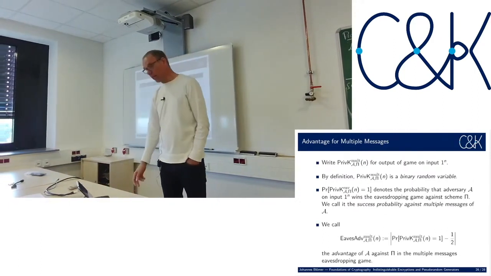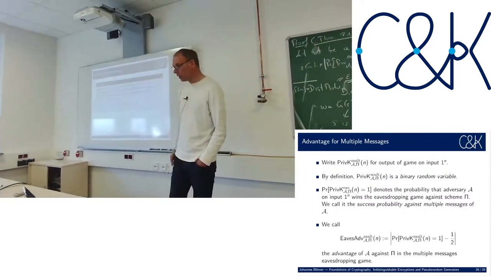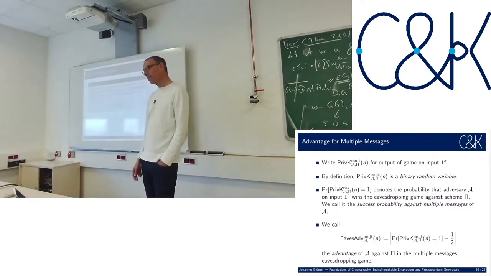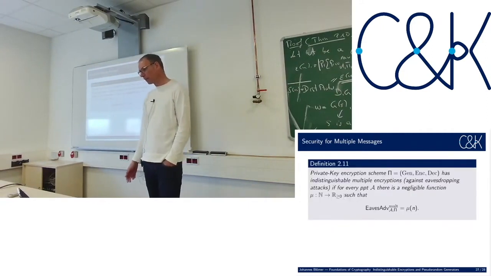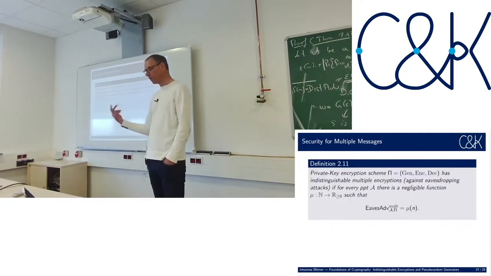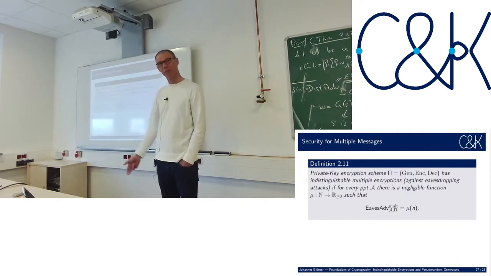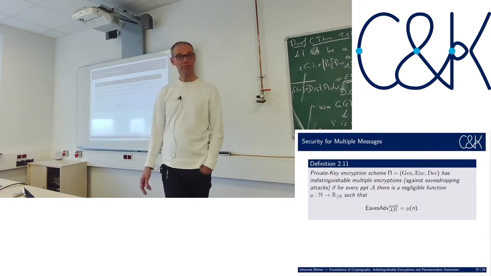And then we say that it's secure, has indistinguishable multiple encryptions against eavesdropping attacks, if for every PPT algorithm A there is a negligible function such that, and so on. The usual stuff.